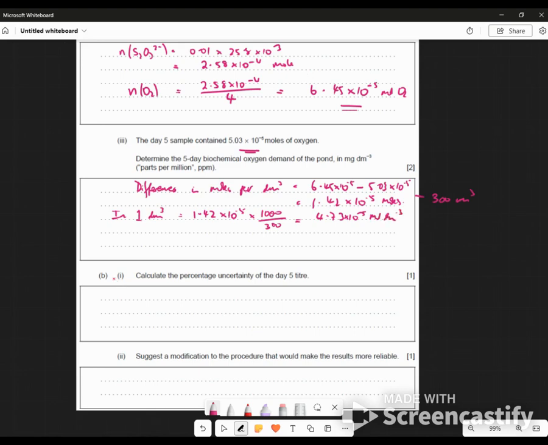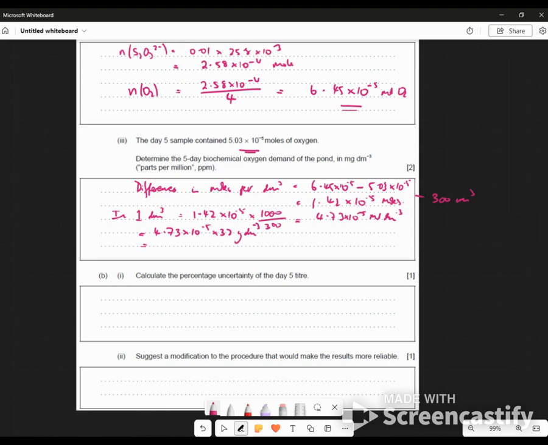Now I'm going to convert that to grams per decimeter cubed. So I'm going to times 4.73 times 10 to the minus 5 times 32. That's changing it to grams per decimeter cubed, because the relative molecular mass of oxygen is 32.